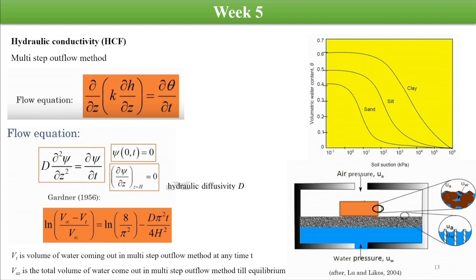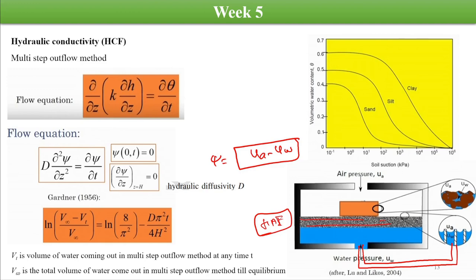Okay, so in this equation, in the multi-step outflow method, what happens is that we have a high permeable, high air entry disk here, and here we have the arrangement to measure the pore water pressure, and the pore air pressure which we can maintain in this chamber. Okay, so basically we have control over ua minus uw, that is matric suction.